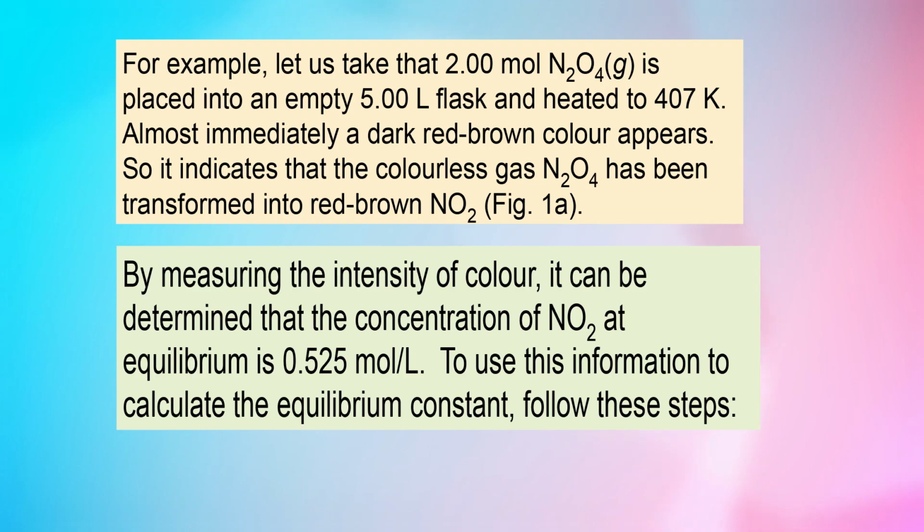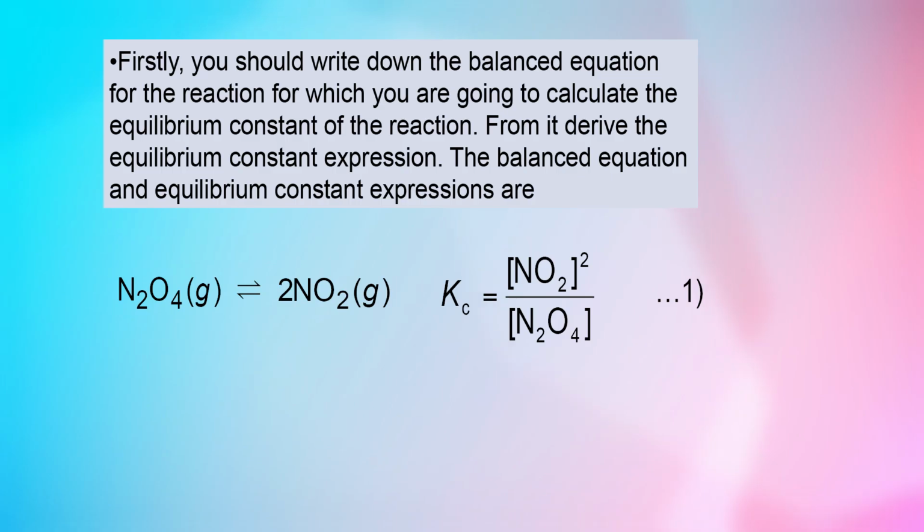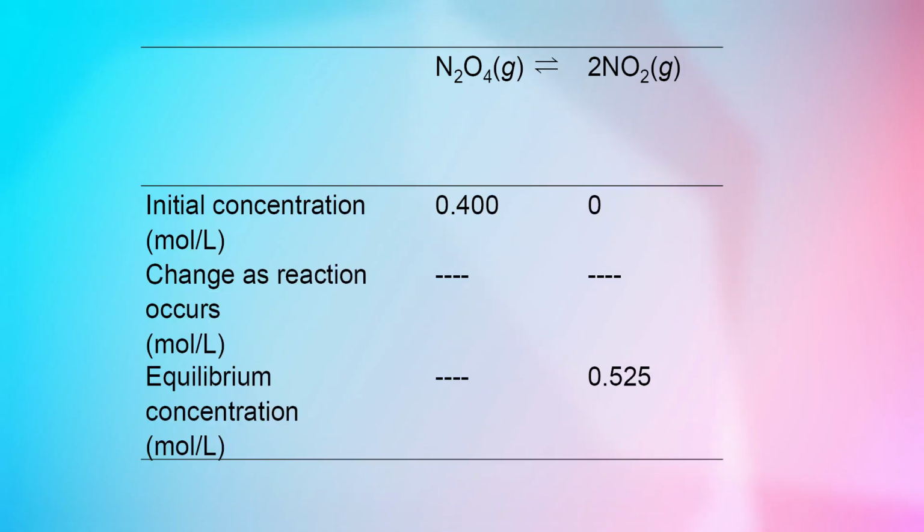Now, to use this information to calculate the equilibrium constant, first you should write the balanced equation, then you write the Kc term, that is the product raised to the power of the stoichiometric coefficient in the numerator, and in the denominator the reactant raised to the power of its stoichiometric coefficient. Next, you have to consider this chart.